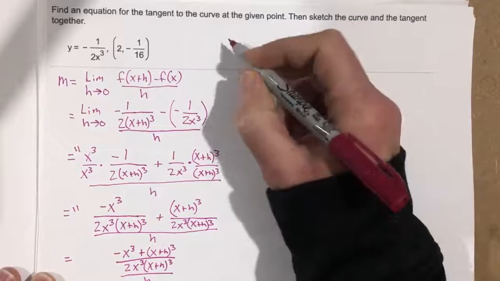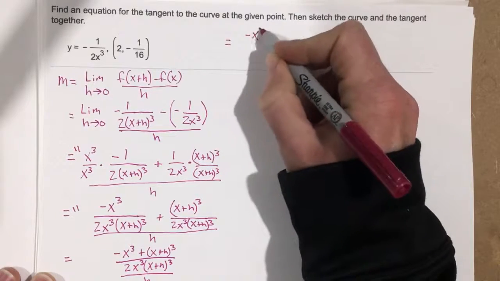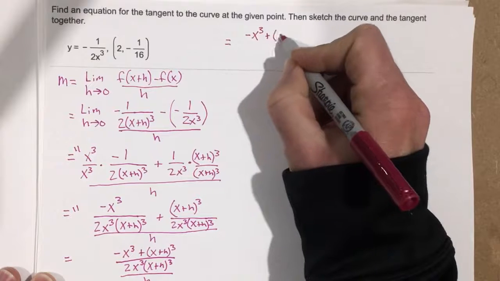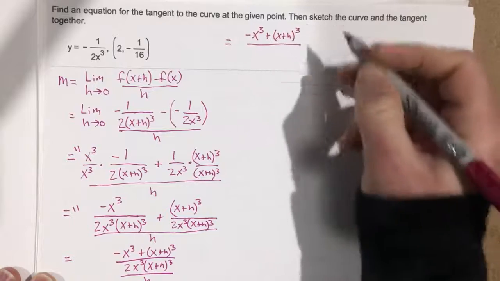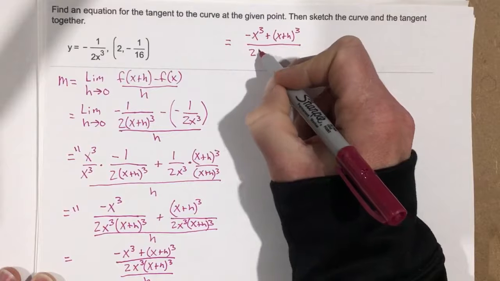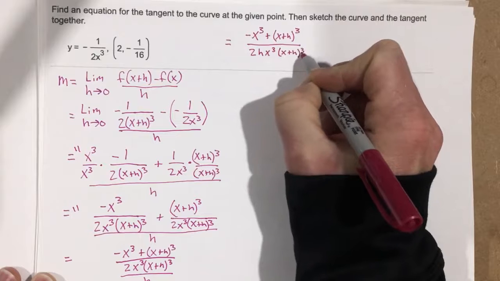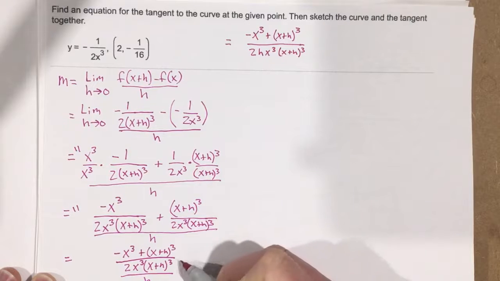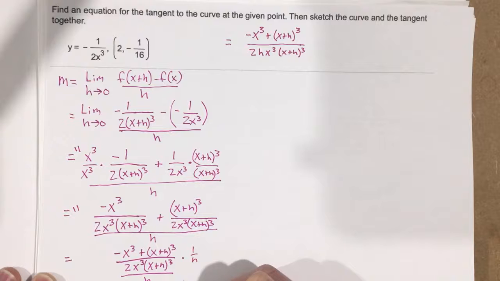Either way, you're going to end up with negative x cubed plus x plus h cubed all over 2h x cubed times x plus h cubed. Again, flip this and multiply it, or you can think about multiplying by 1 over h to this top fraction and multiplying this bottom one by 1 over h. Remember this is just 1.